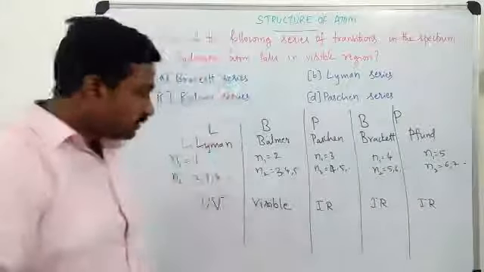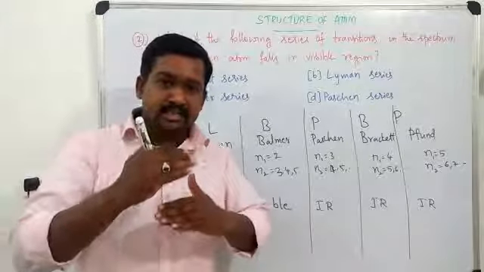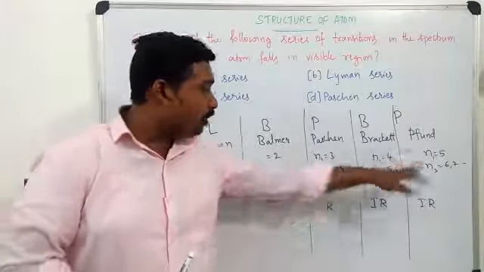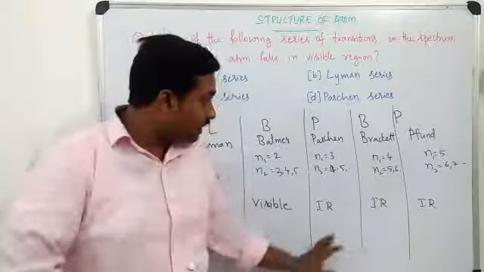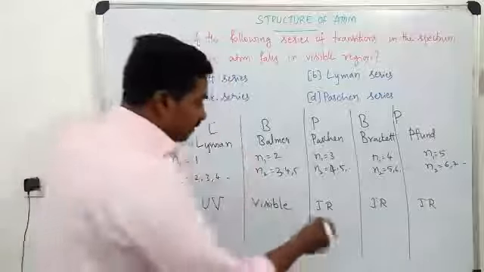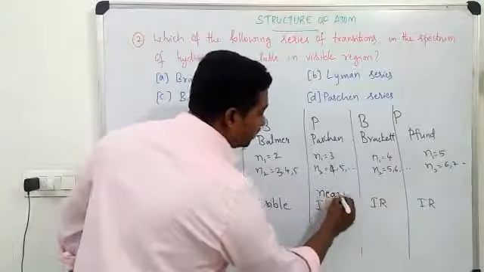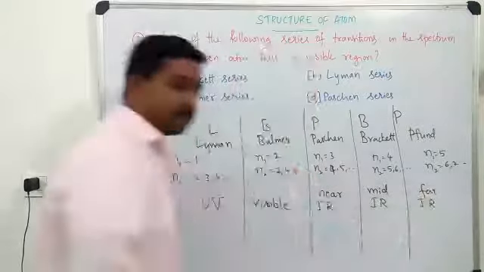All these three are in the IR region only because the difference in energies from the fourth level onwards is reduced. The gap is not so much. So all these series fall in the infrared region only, whereas we would say near infrared, mid infrared, far infrared.